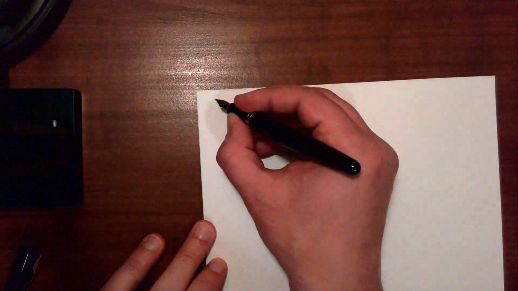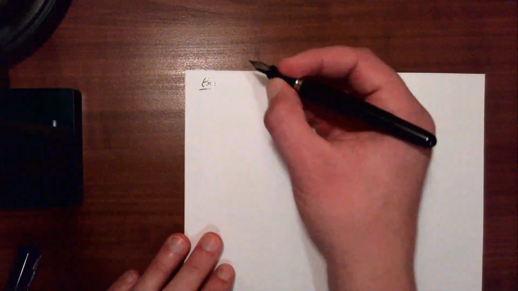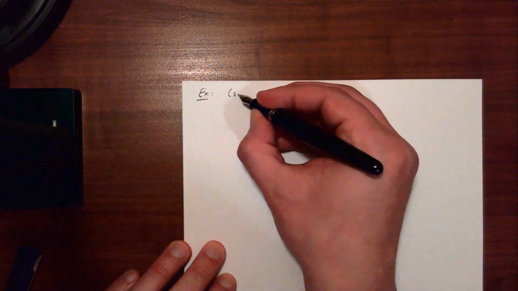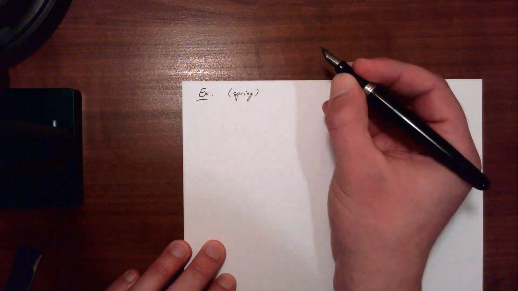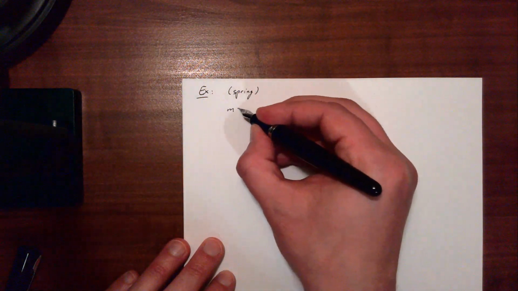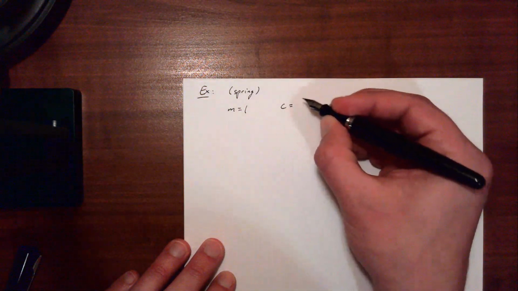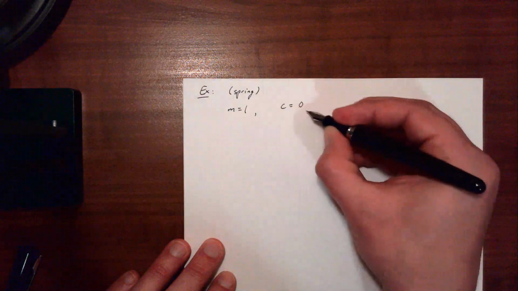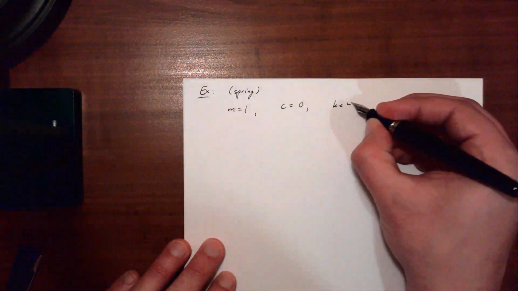Anyway, let's look at an example here. This would be an example for a spring to start with. Springs are a little bit easier, so we'll get started with that. So we'll just say mass equals 1. Start with C equals 0. We'll think about what that means in a second. K equals 4.